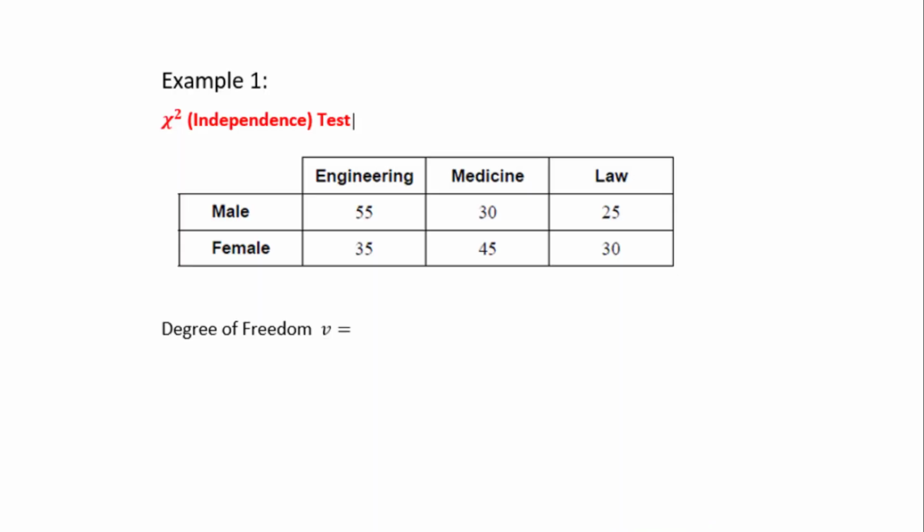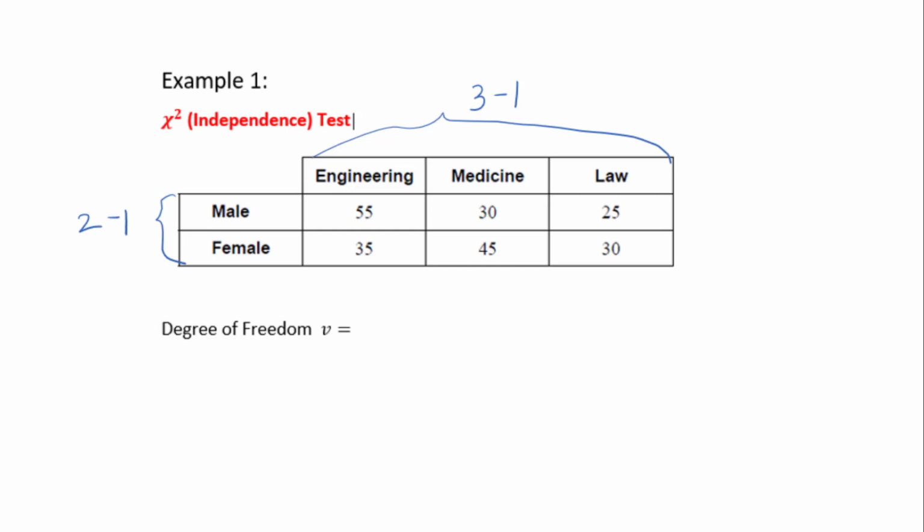Let's go to example 1. Chi-square independence test, 3 columns and 2 rows. For the columns, the freedom will be 3 minus 1. For rows, the freedom will be 2 minus 1.